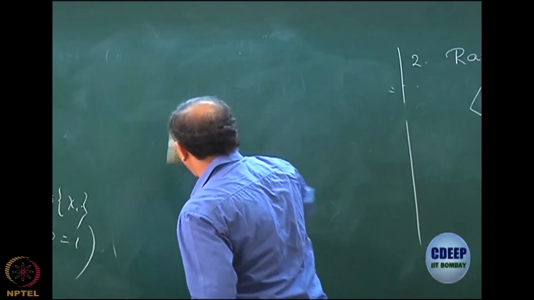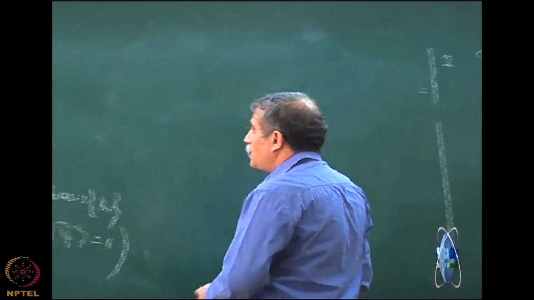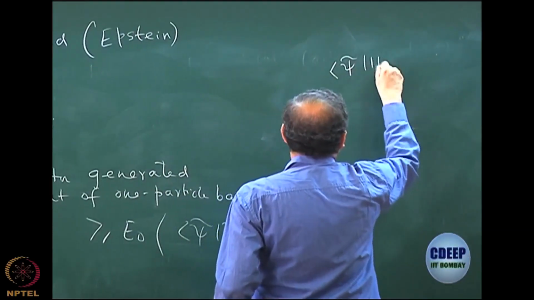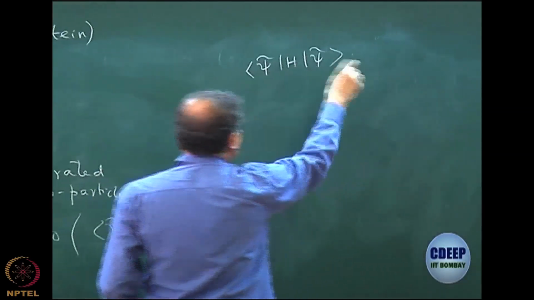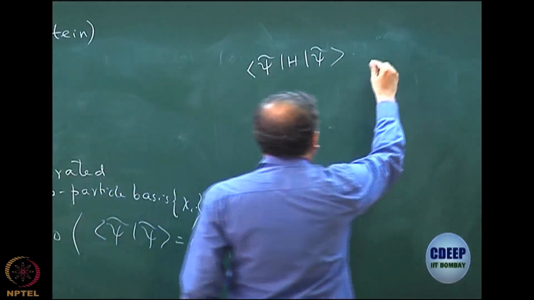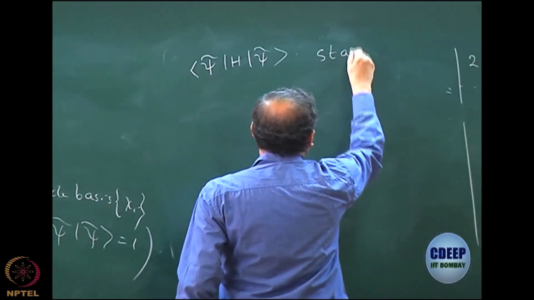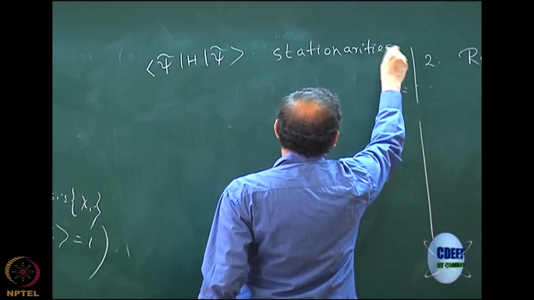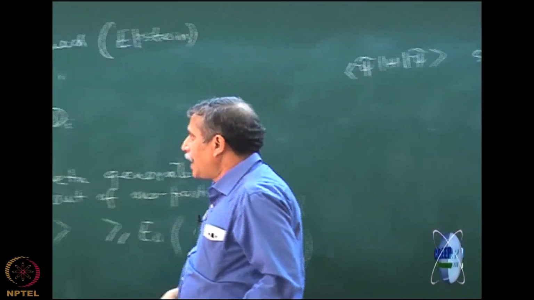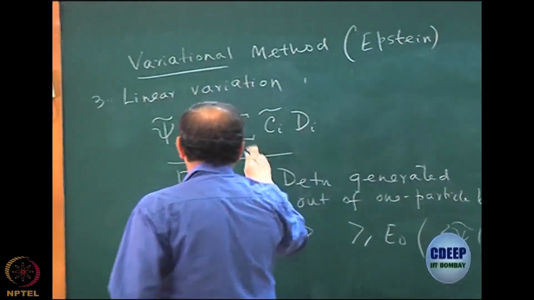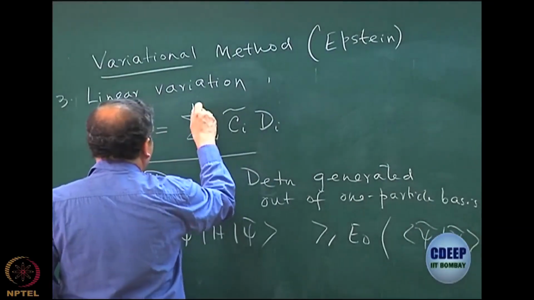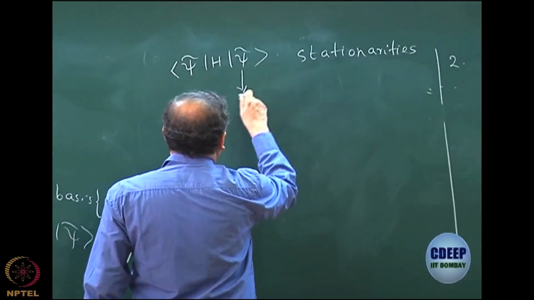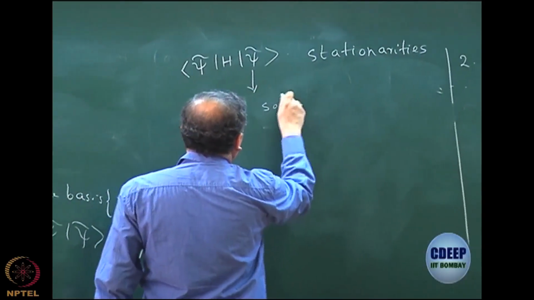Again, without proof, I will first state, if you do this calculation of psi tilde H psi tilde, okay, assuming that again it is normalized, and do a stationary calculation, so you analyze the stationarities of psi tilde H psi tilde. If you do that, then if this is an m dimensional basis or let us say k dimensional basis, okay, then first of all what I will get is that I will get k solutions.